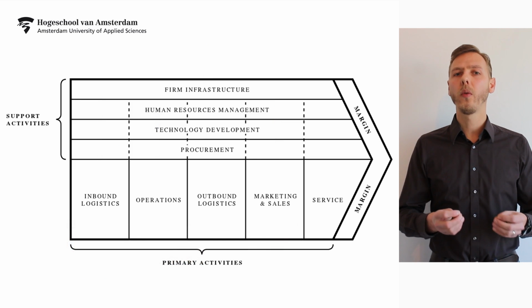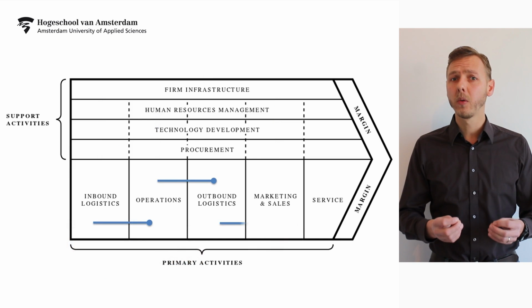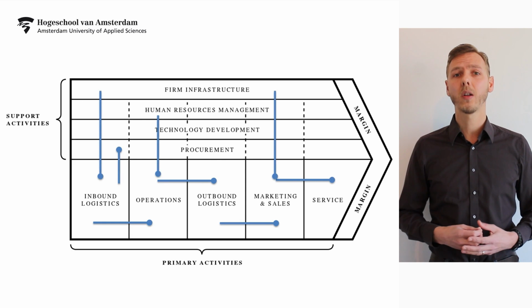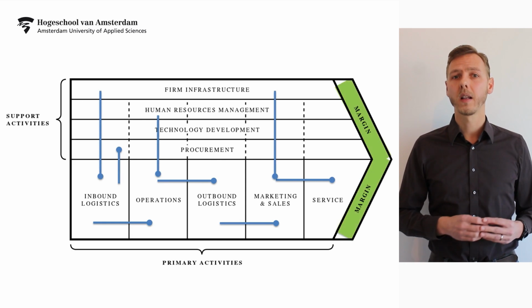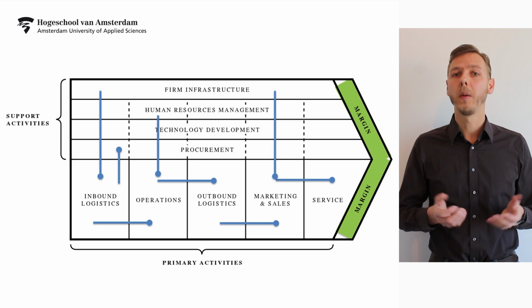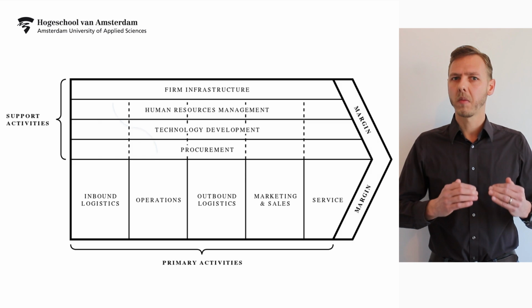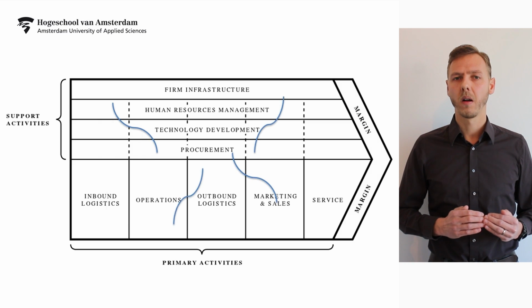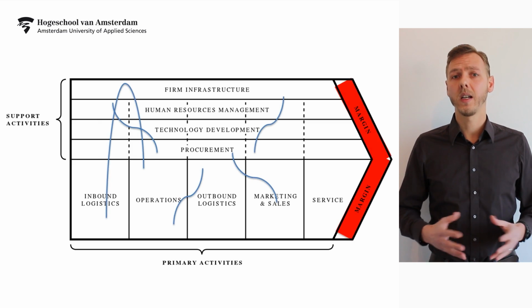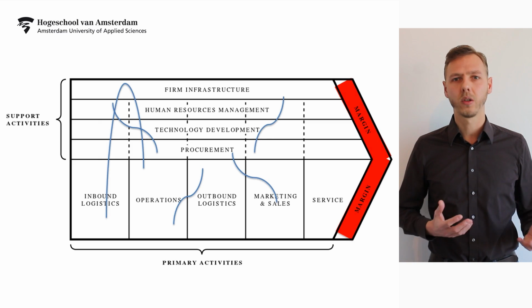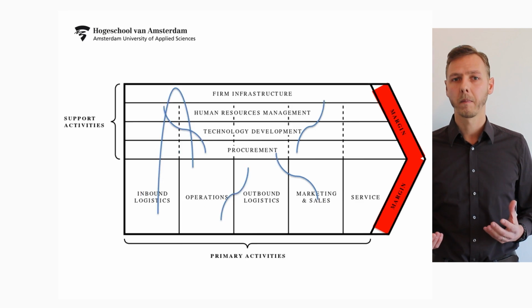Now, if all these linkages are really smooth, really clear, and everybody knows from each other what needs to be done, then at the end of the line, your margin will be higher. If you have weak internal linkages, your margin will be lower, because you have a lot of loss in your company because people don't communicate with each other, don't know each other's goals, and don't know what they're doing.